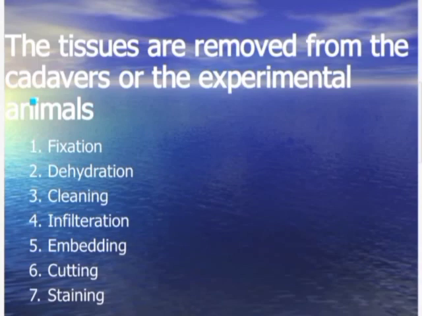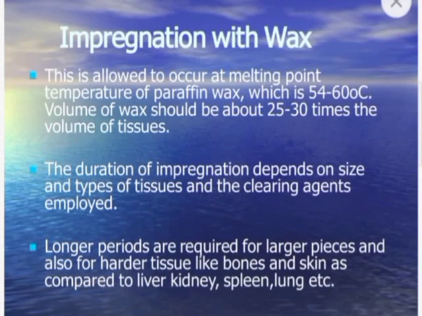After dealcoholization, we will put this tissue in a jar which is containing a molten wax, because this is the step known as the impregnation with wax or infiltration. This is allowed to occur at melting point temperature of paraffin wax, which is 54 to 60 degrees centigrade.